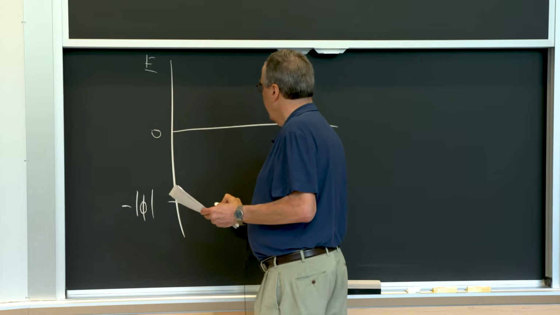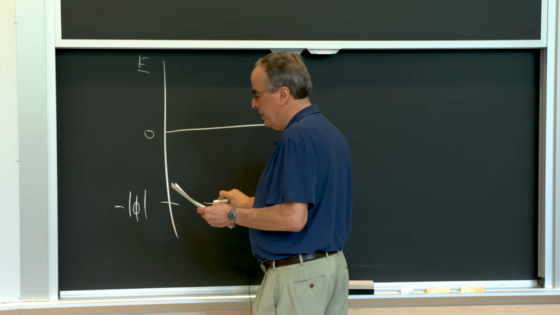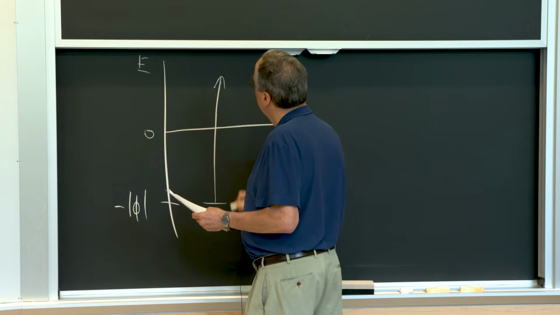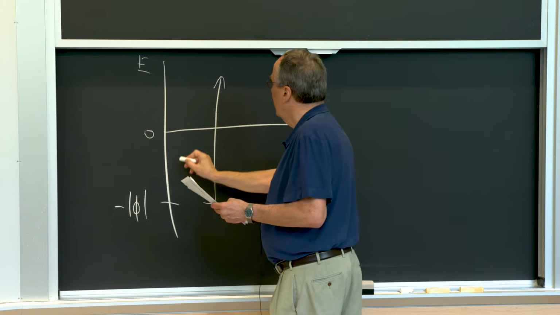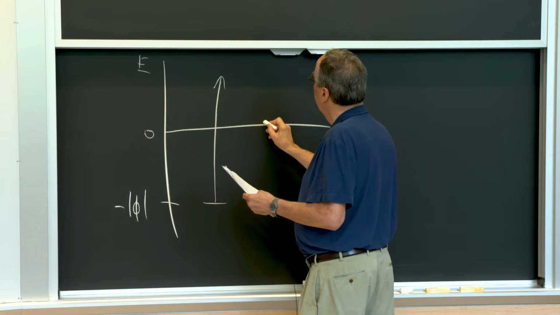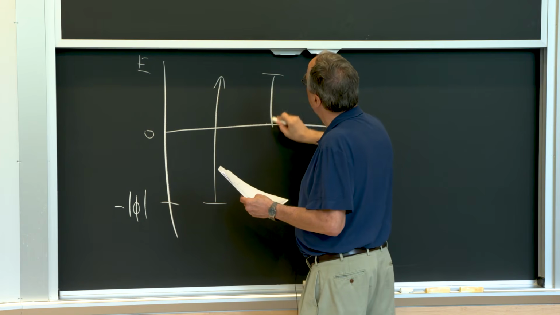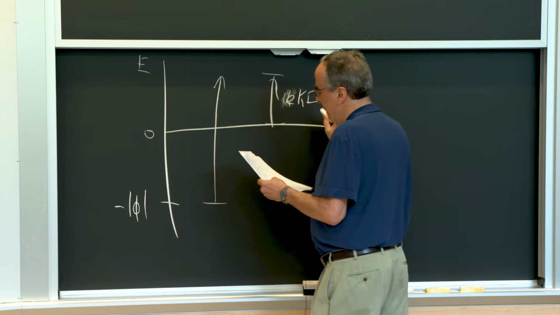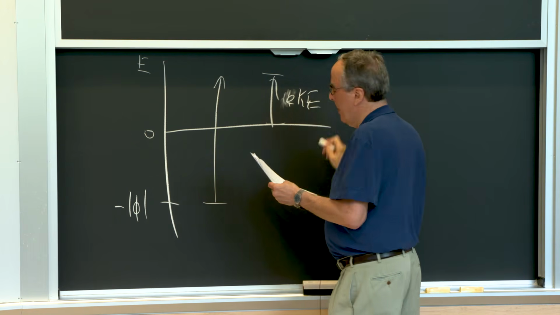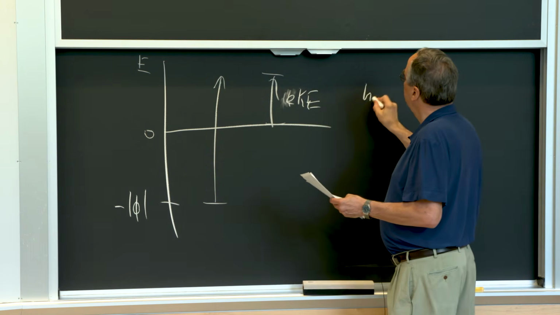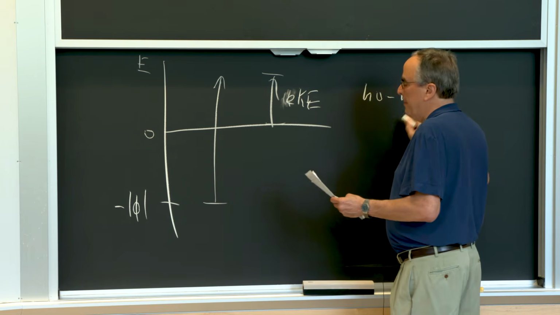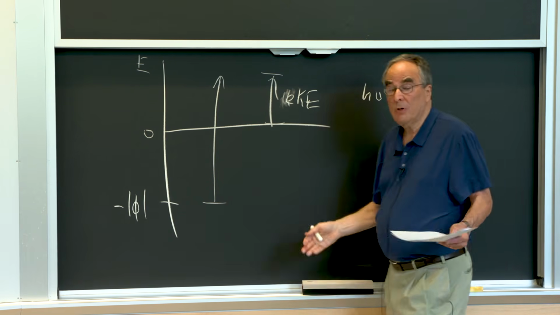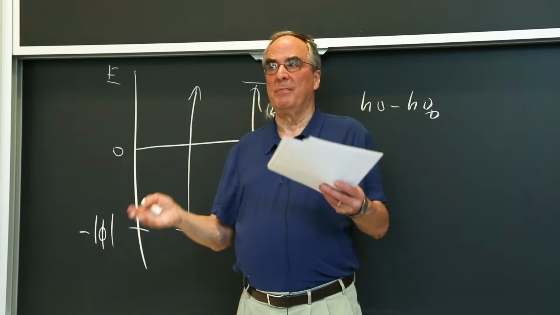And so we have a photon which has this energy, and we have the kinetic energy of the electrons. And this is h nu minus h nu 0. So, okay, the story is complete.